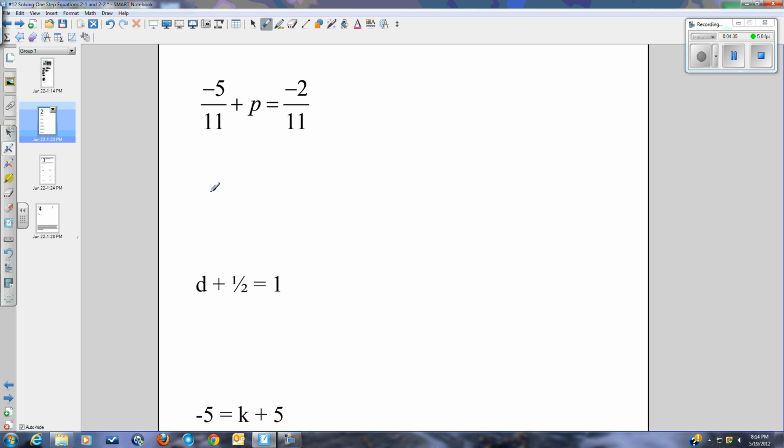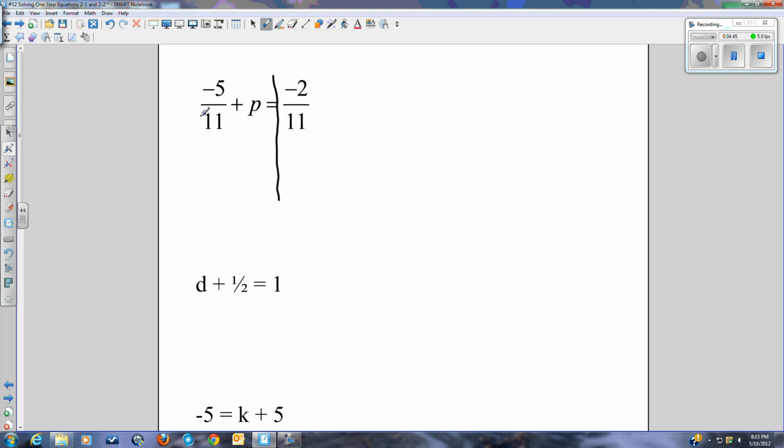We have negative 5/11 plus p equals negative 2/11. Well, let's look at what's happening here. We want to get p alone, so we can draw a line down through our equal sign. We'd like the negative 5/11 to cancel out. Well, the only way you can cancel out negative 5/11 is to add 5/11 to each side. So let's do that.